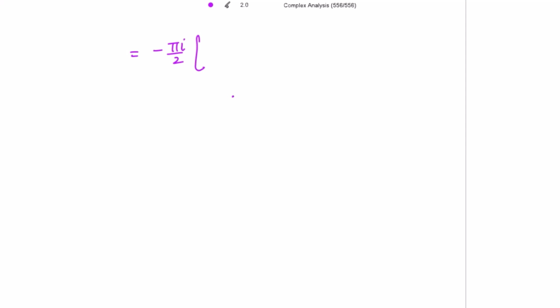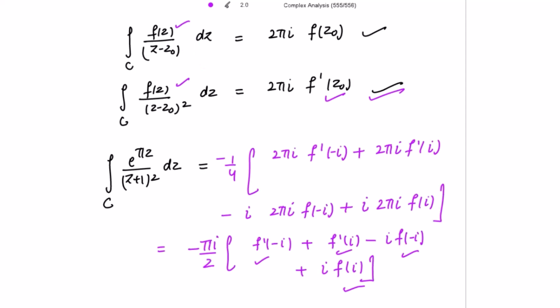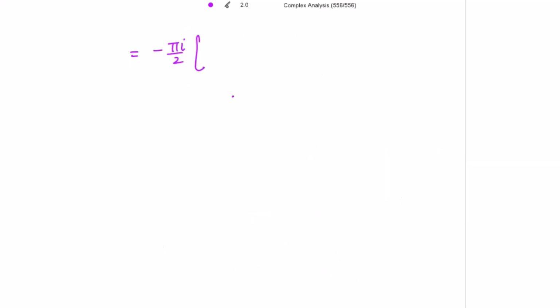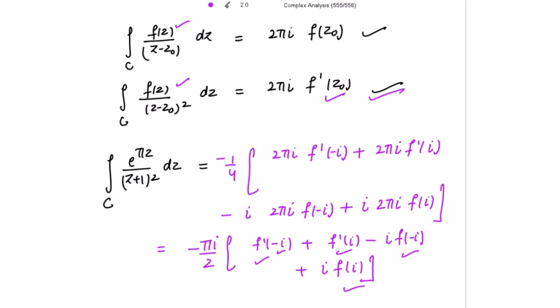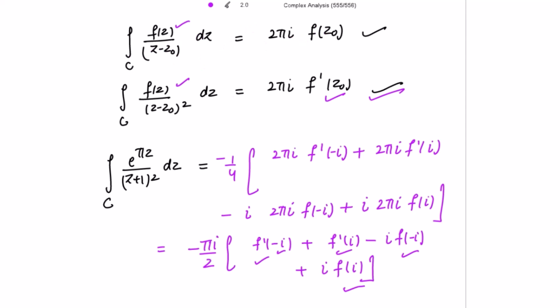So for the first derivative for minus iota, we write here pi into e to the power minus pi iota, then positive sign f dash iota, plus pi e to the power plus pi iota, and then minus iota multiplied with f of minus iota.